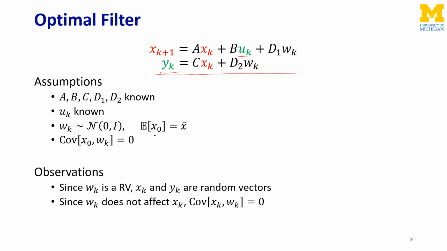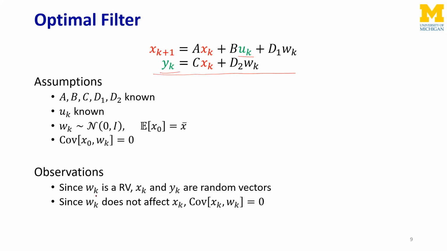We also make an assumption about the initial state. Since W is a random variable, the states are random variables. We assume that the expected value of the state at the beginning of the process is X bar. We also assume that the initial state and the process noise are independent, which means their covariance is 0.